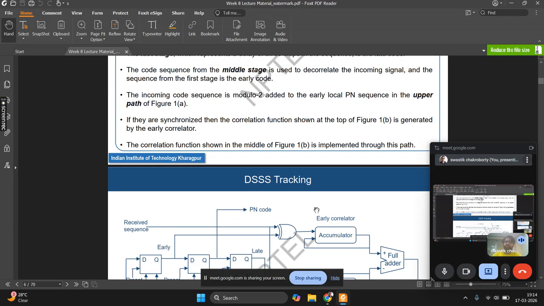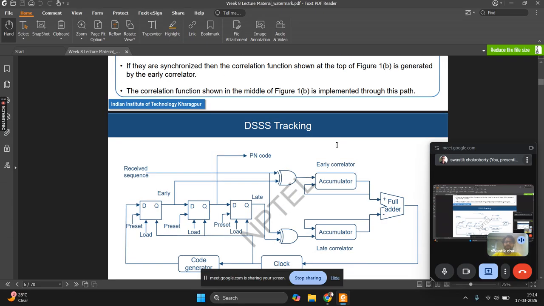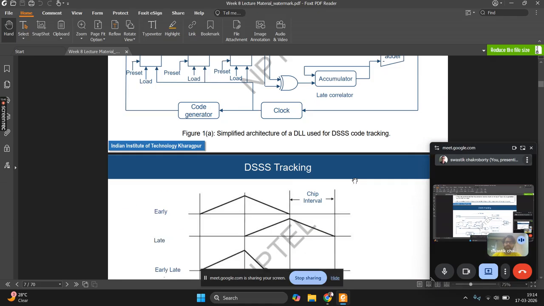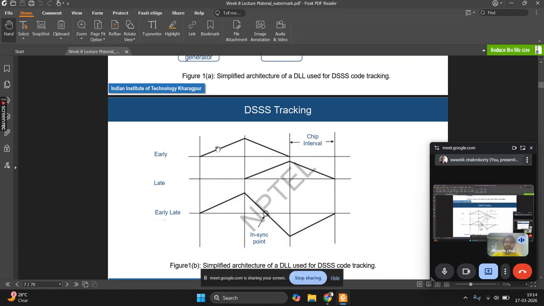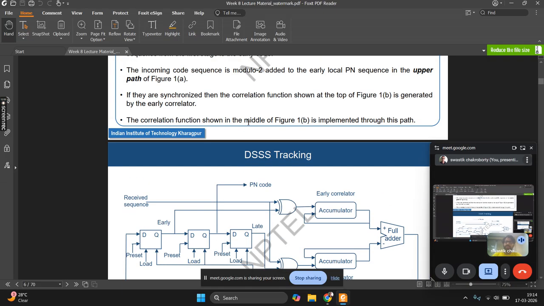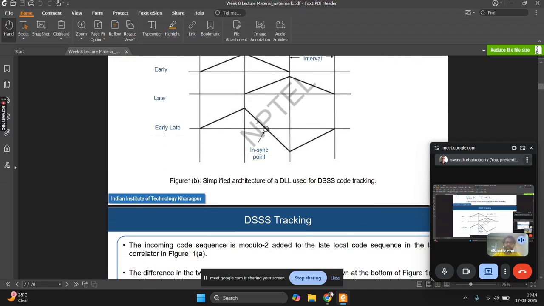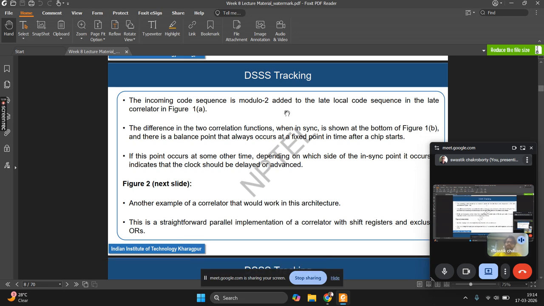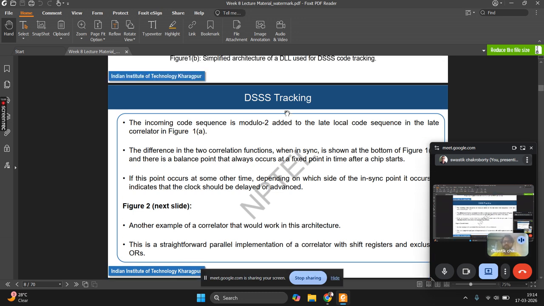If they are synchronized, then the correlation function shown at the top of figure 1b is generated by the early correlator. So the early correlator will generate the particular triangular signal, and similarly the incoming code sequence is modulo 2 added to the late local sequence in the late correlator.